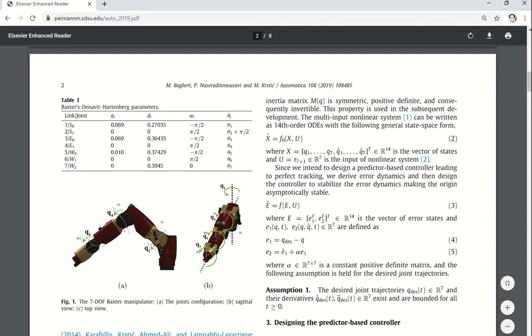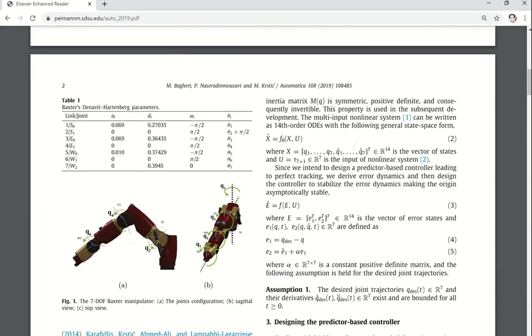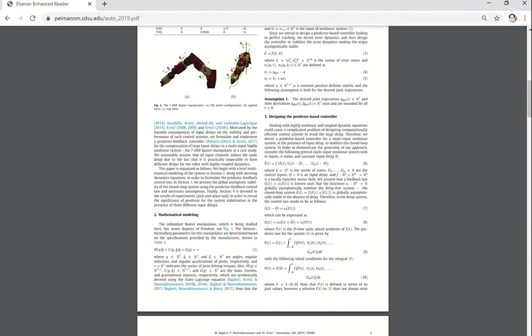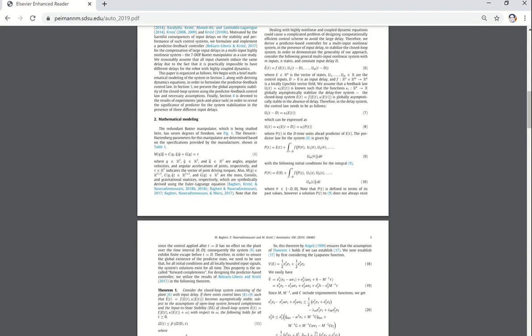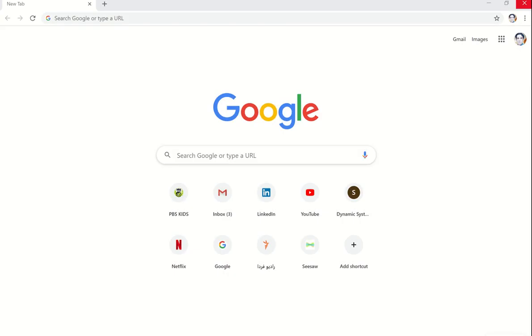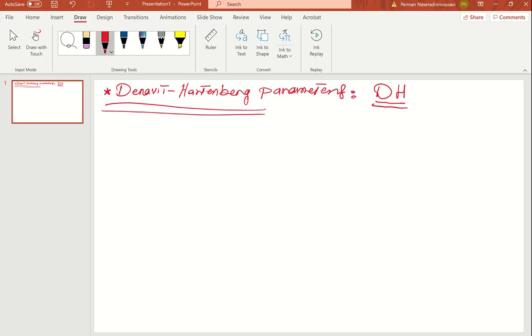Table 1 is Baxter that I have in the lab, then I with Hartenberg parameters, A, D, alpha, and theta. So you have to know, when you're sending a paper out, you have to know about the Hartenberg parameters, because eventually you're going to use this in too many things. Okay, so this is the fundamental of the robotics. Okay, so I want to make sure.